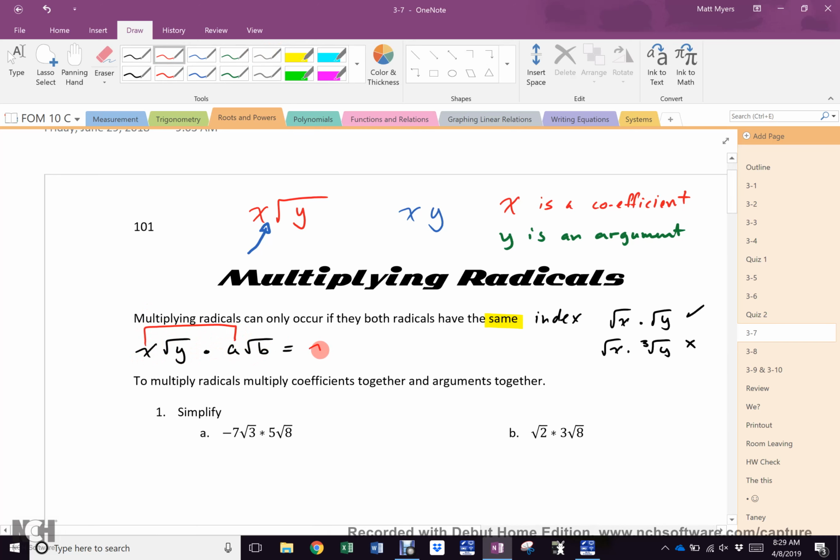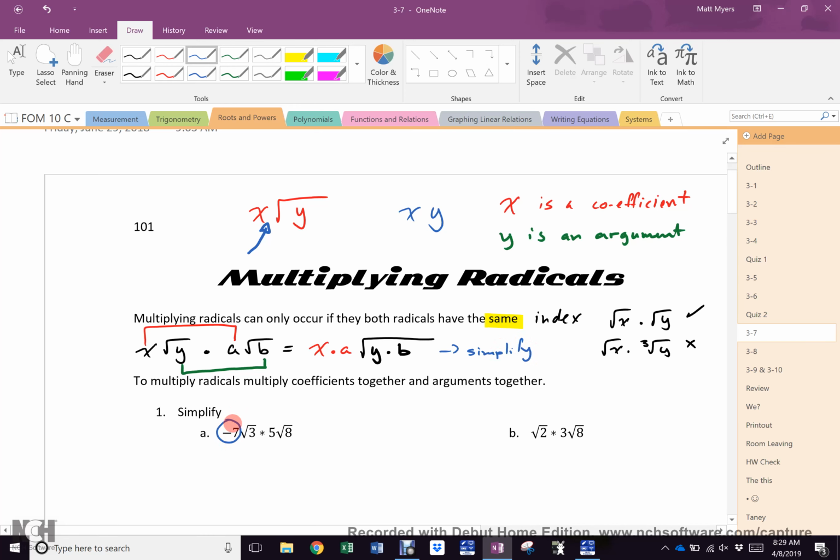So the answer to this is x times a, and then arguments with arguments. Root y times b. That's all you do. But again, as always, what do we always do at the end of every question? We simplify. Everybody cool?